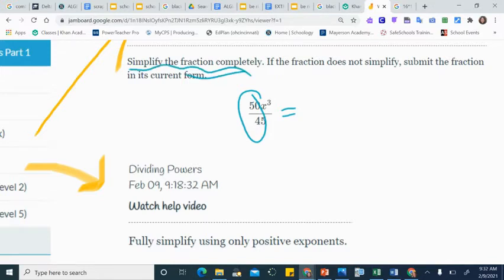So you can think, what do these both have in common? You can divide them both by 5, right? 50 divided by 5 is 10. 45 divided by 5 is 9. And then x cubed. And that's really all there is to that question.